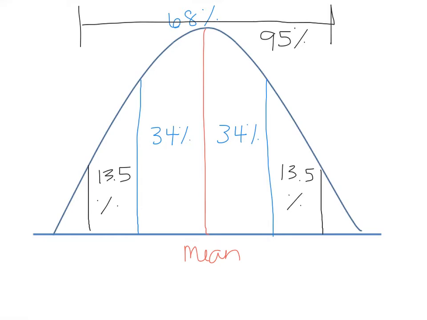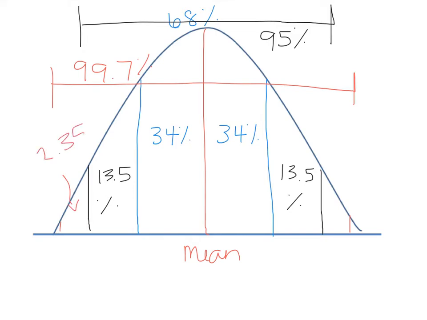Alright, then it says that 99.7% is within three standard deviations, so that would be this little line. So from the little red line all the way over to the little red line over here would be 99.7%. So if you took 99.7 and subtracted the 95 that we've already included in the curve and divided that by 2, this little part in here would only be 2.35% of your population or curve, and 2.35%.